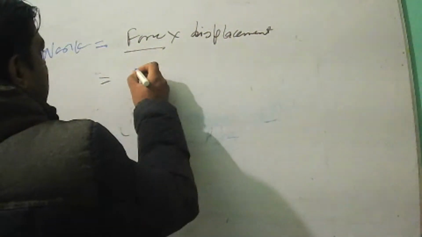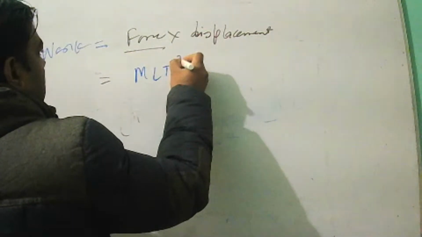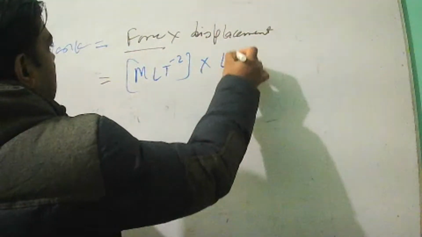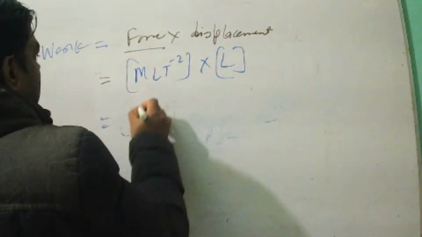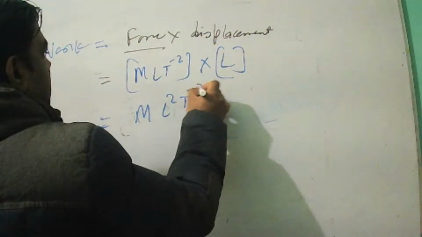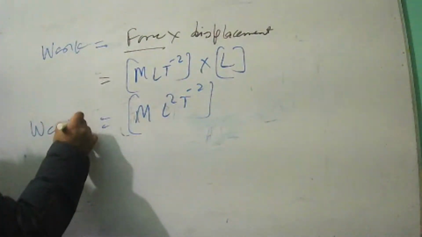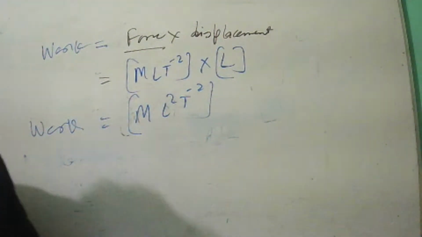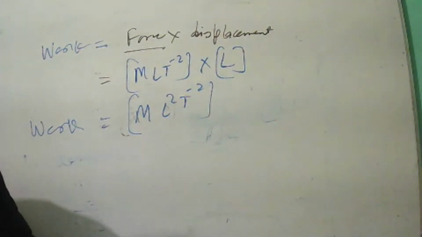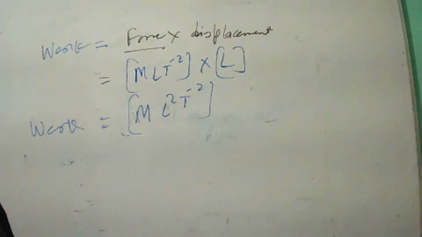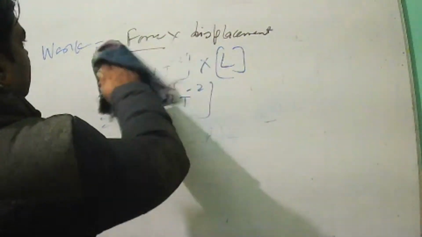Right, here MLT minus 2. And for displacement you will be getting L. So total will become M L square T minus 2. Done? You are able to follow it? समझ में आ रहा है?